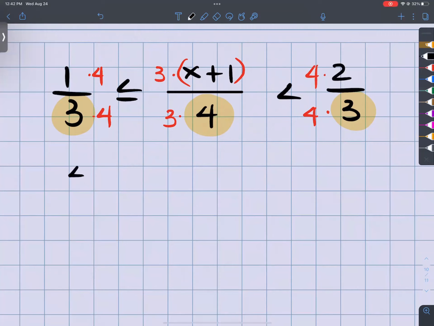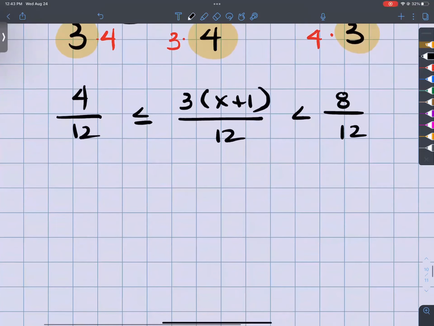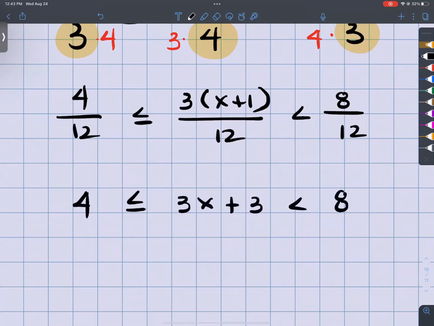So what I'll have is 4 over 12 is less than or equal to 3 times x plus 1 over 12, which is less than 8 over 12. So from here, since the denominators are exactly the same, I can drop them. So I'm left with 4 is less than or equal to 3x plus 3, which is less than 8.